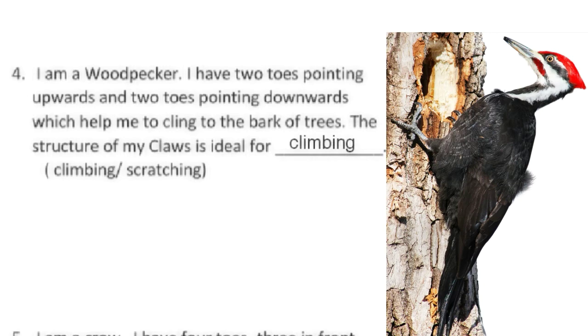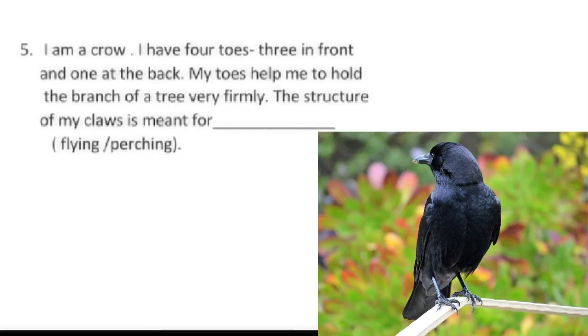Now we'll move to our last question of this exercise, that is question number 5. I am a crow. I have 4 toes, 3 in front and 1 at the back. My toes help me to hold the branch of a tree very firmly.